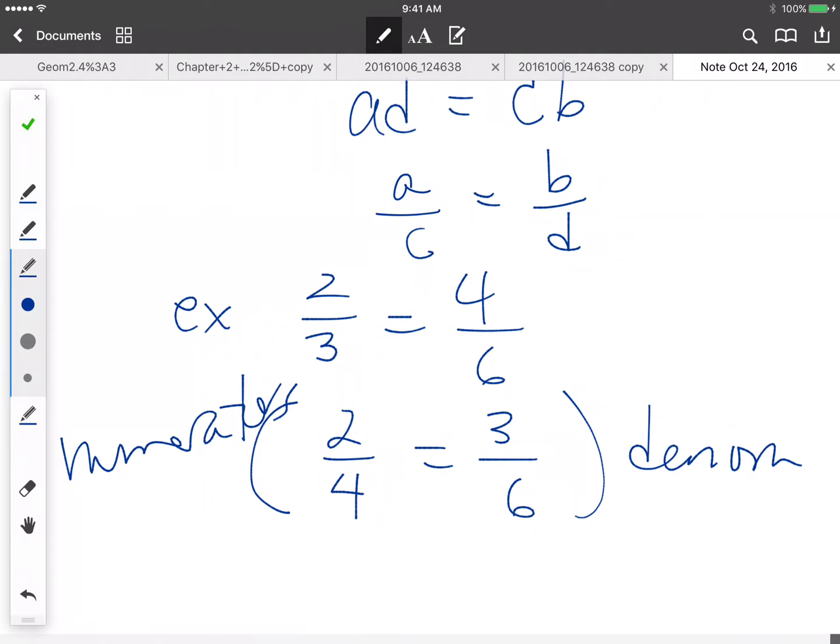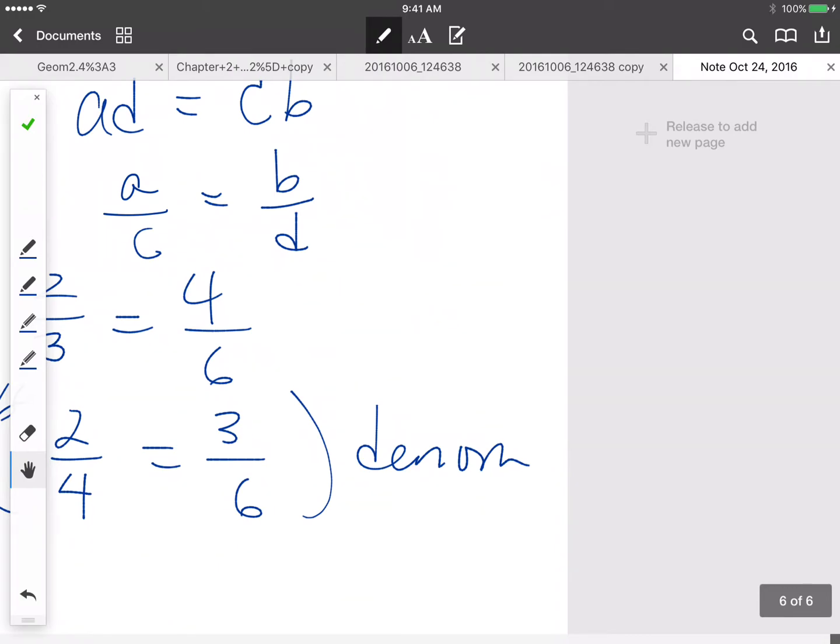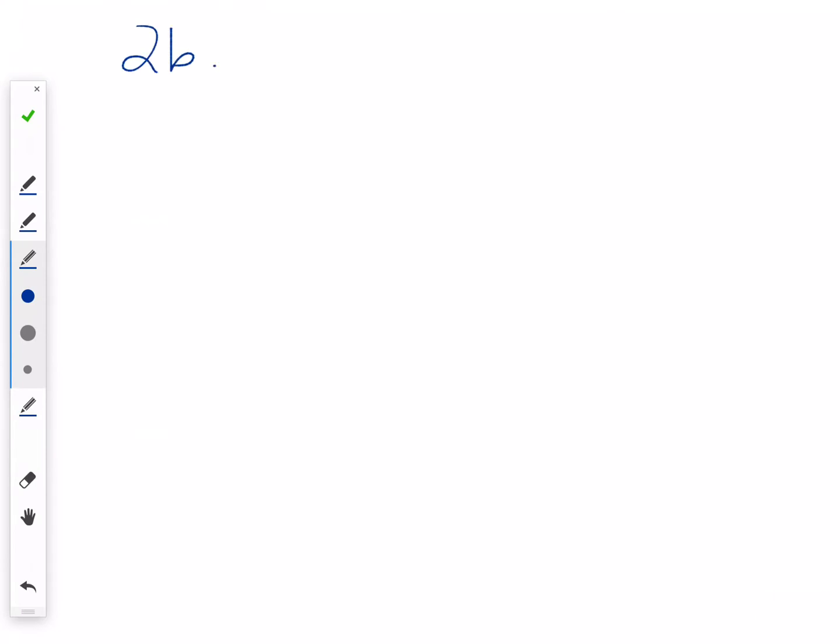Great. And last idea, which we'll give to B, and that's 2B. This is very intuitive. If A relates to B the same way that C relates to D, then we can switch.